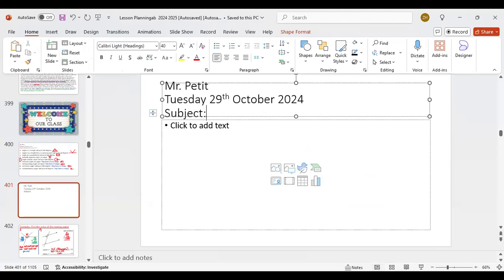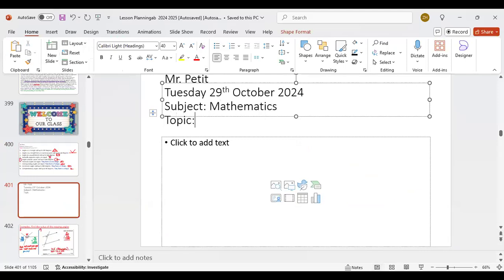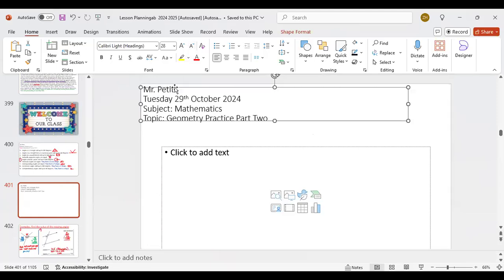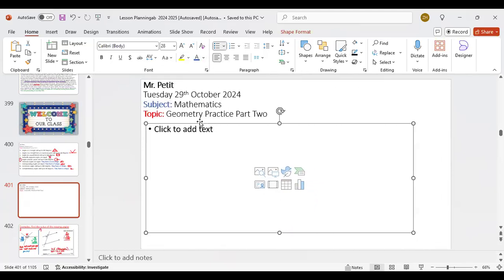The subject is, of course, mathematics. The topic is geometry practice, part 2.